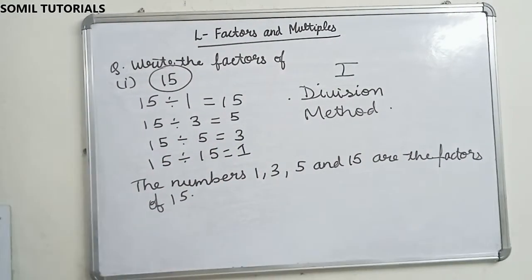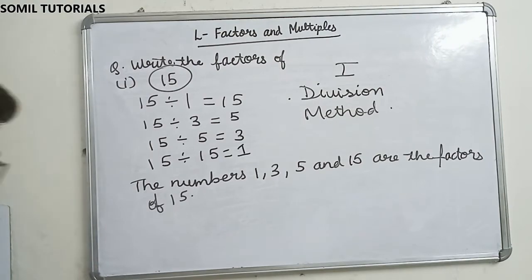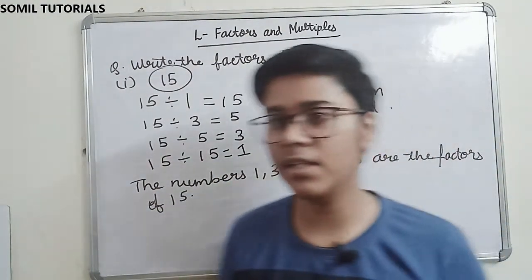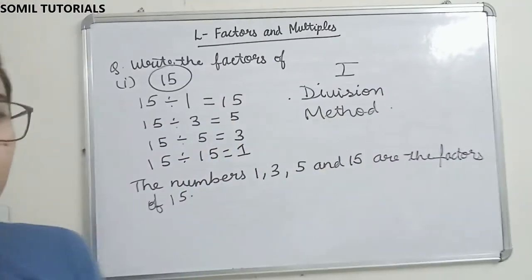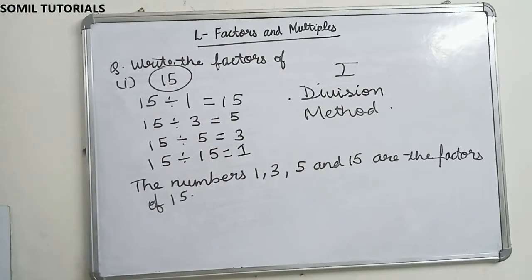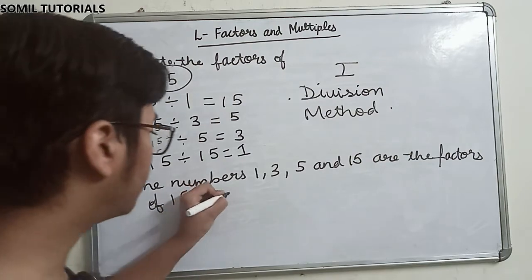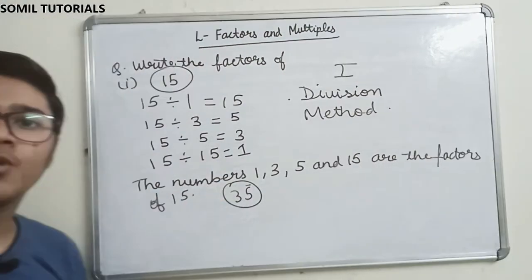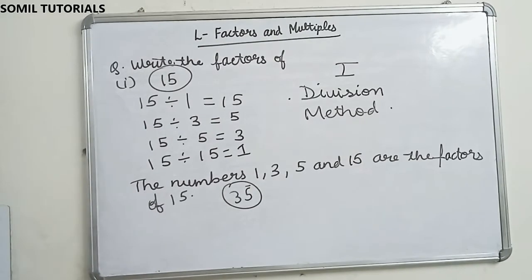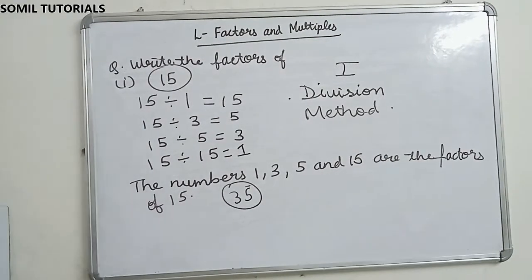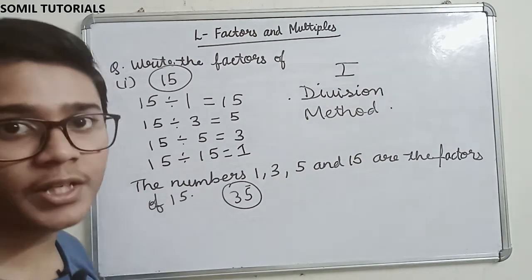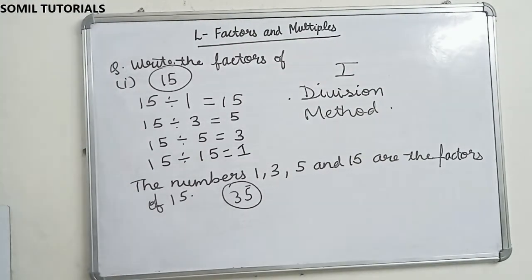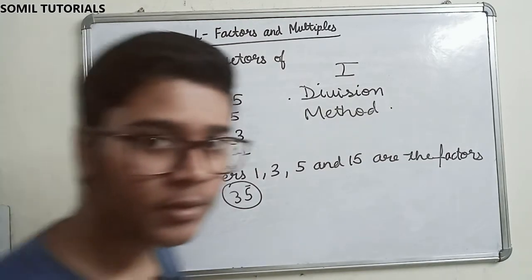We will not move to the 16 or 17 table, because 15 never comes in the 16 table, and in 17 also 15 never comes. If I have given you the number 35, you will count till the table of 35 only. You will not move to the 36 table because 36 is greater and 35 is lesser. So this confusion is also clear, about which table we need to move to.